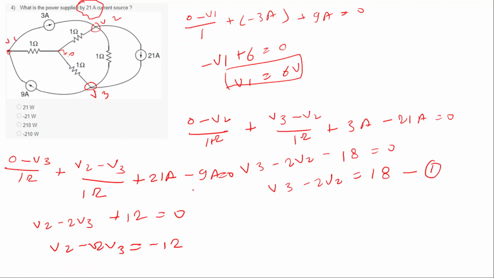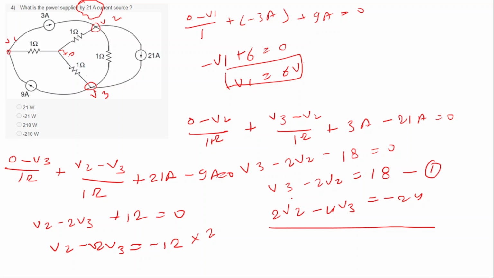Now let's solve these two equations, then we can find V2 and V3. If we multiply this equation by 2, it becomes twice V2 minus 4 times V3 equals minus 24.